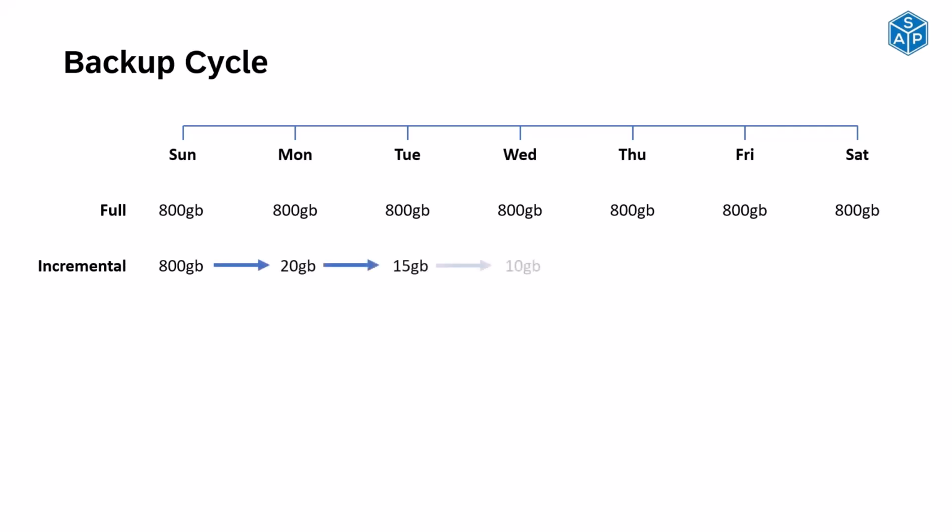Monday, Tuesday, Wednesday, Thursday, everything goes on through the week, and on Friday my system crashes. So I need to restore the first full backup of Sunday, then the incremental backups of Monday, Tuesday, Wednesday, Thursday. So I might need one full backup and then 3, 4, 5 incremental backups.